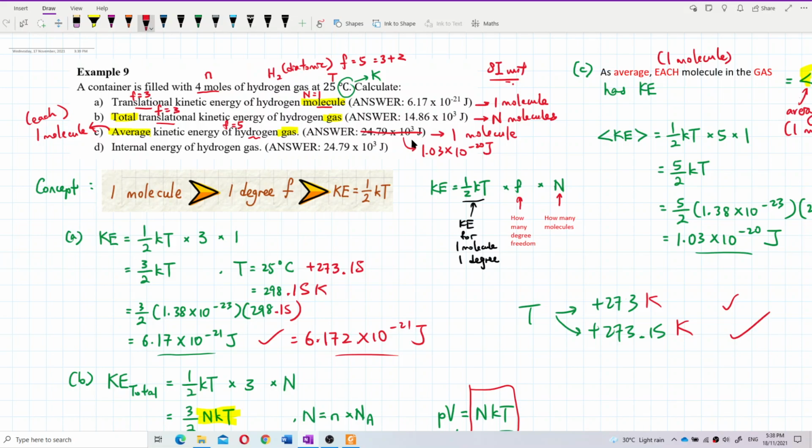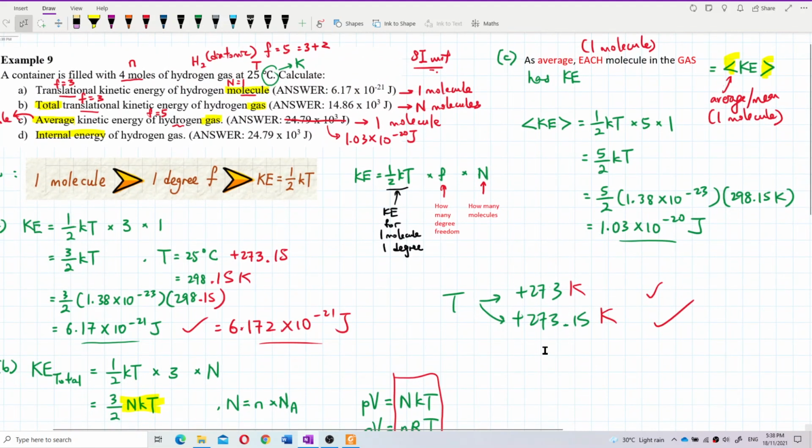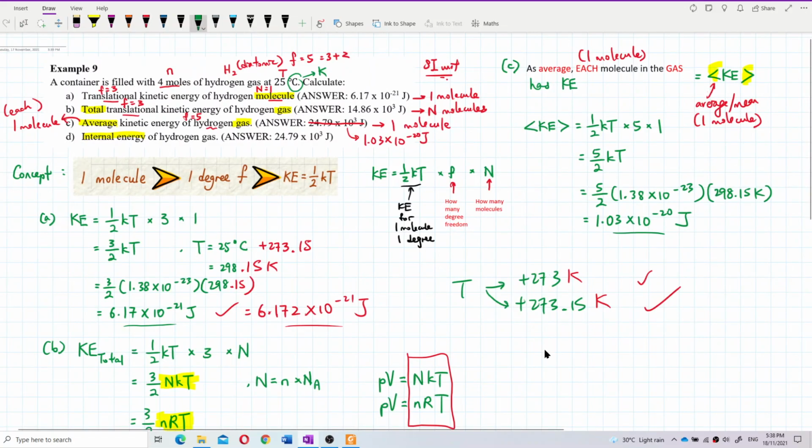That's the correct answer. Now, talking about the internal energy of the hydrogen gas, this internal energy is for the whole gas. This question is for all molecules. For question D, internal energy is U, the internal energy of gas.